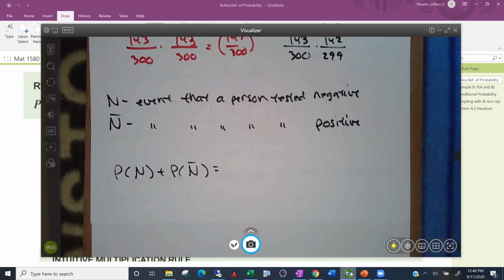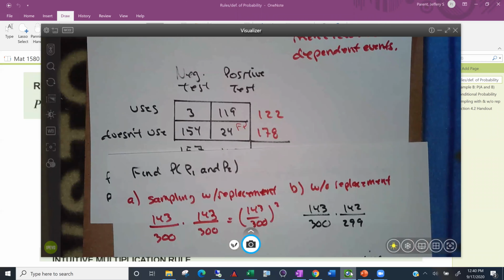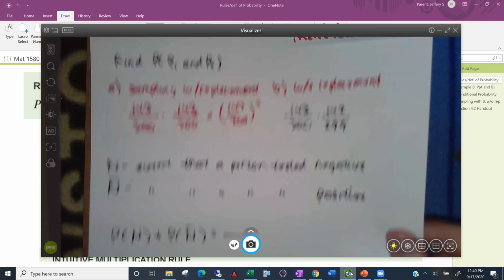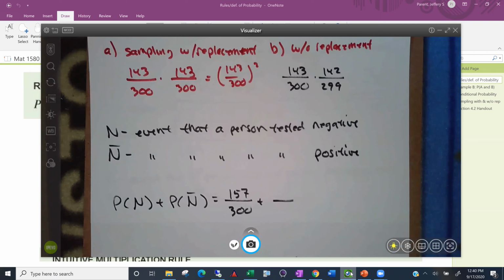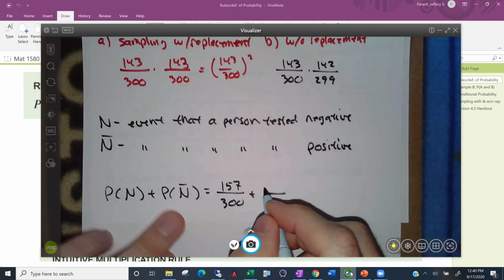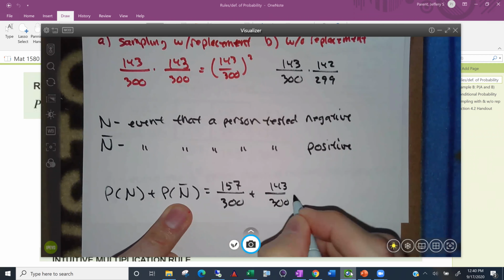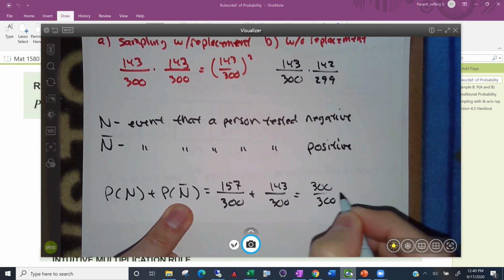What's the probability that you got a negative result here? 157 out of 300. And the probability that you get a positive result is 143 over 300, which is 300 over 300, or 1.